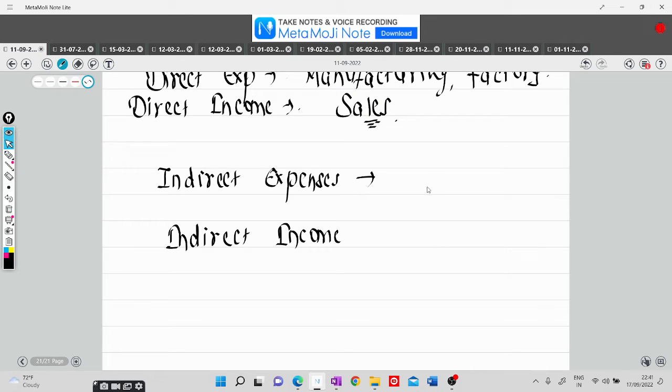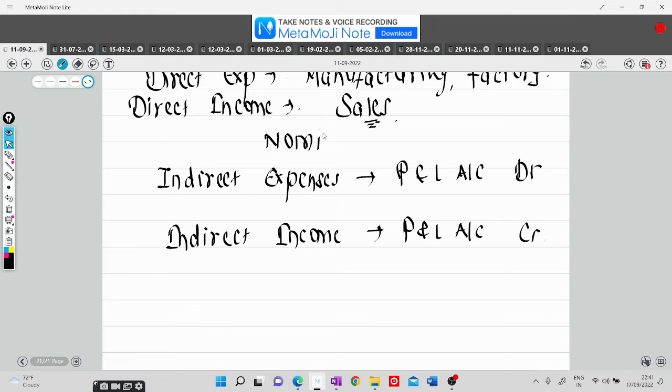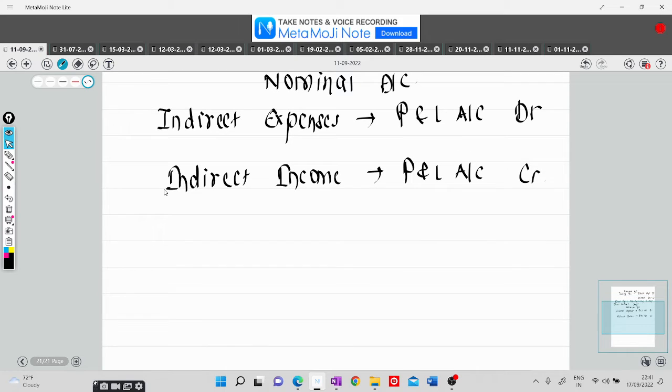Indirect expenses will be recorded in the profit and loss account on the debit side, and indirect income will be recorded in the profit and loss account on the credit side. The profit and loss account is also a nominal account, and indirect expense means all those expenses which are not related to the factory.